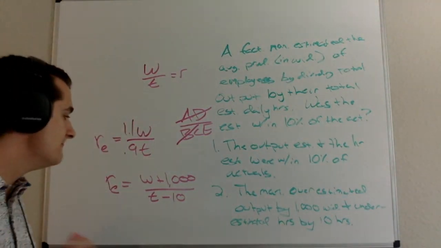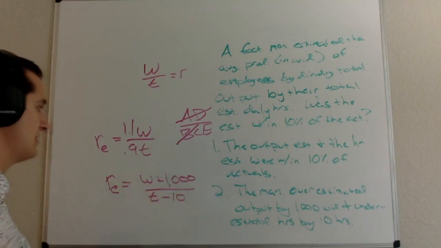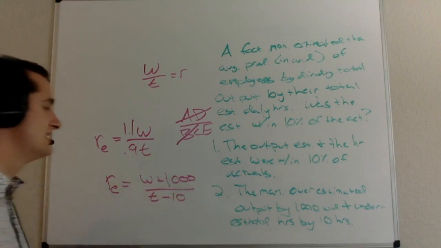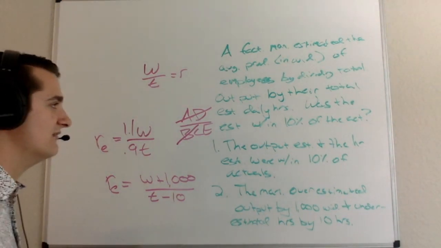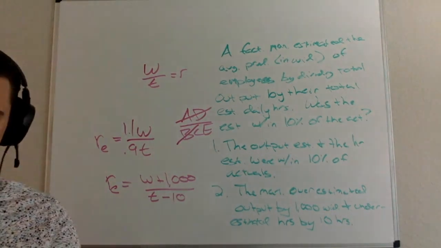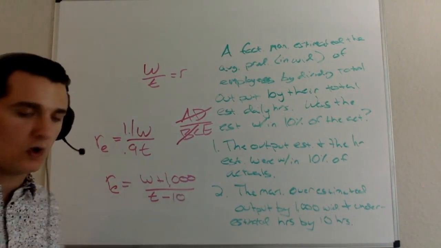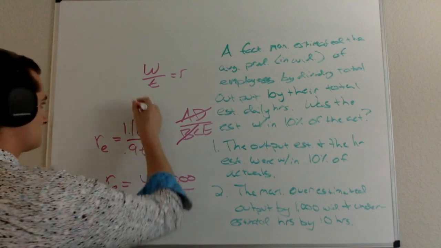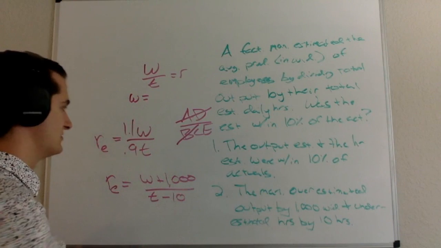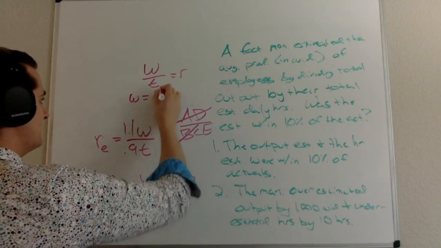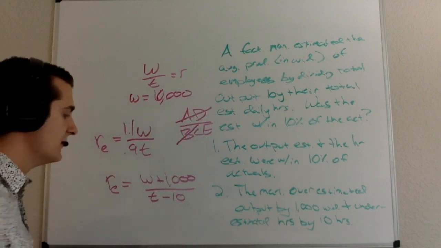Well, to get outside it, I'm going to want my 1,000 as significant as possible. So I'm going to say 1,000 is 10% of the actual. If 1,000 is 10% of it, then we'd say that the actual work was 10,000, right?